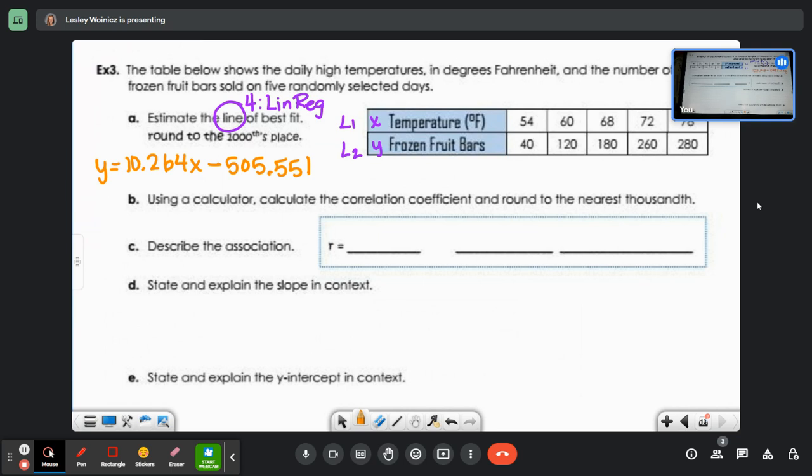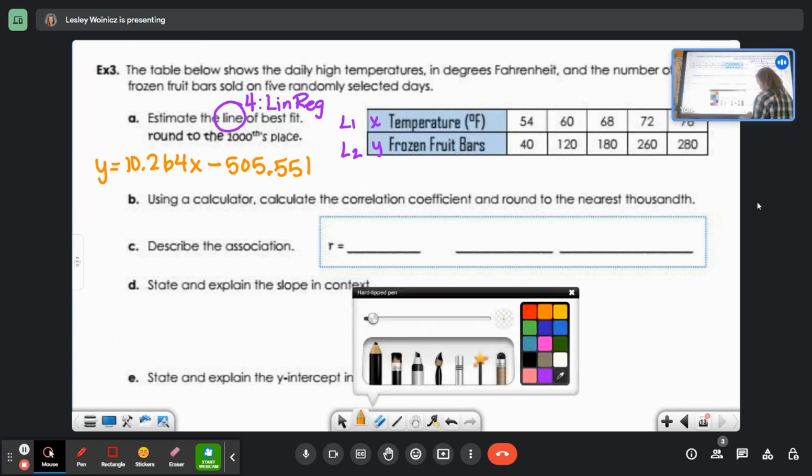Okay, now it says using the calculator, we have to calculate the correlation coefficient and round to the nearest thousandth. So this we have not done yet. Our calculator will actually find the correlation coefficient for us. So the steps we are going to take is to go to the catalog.